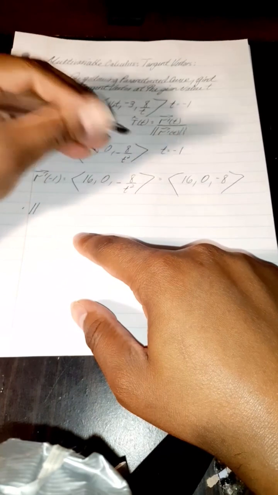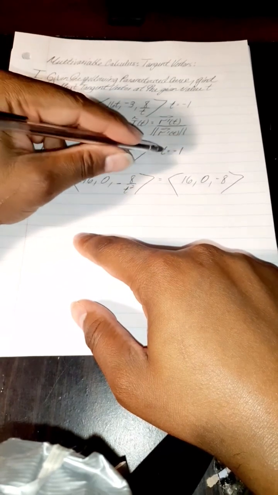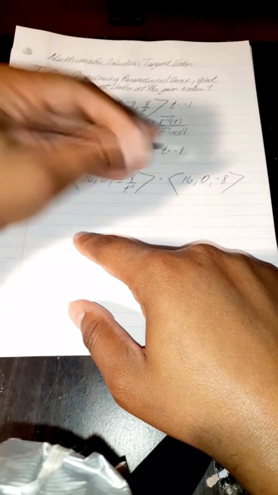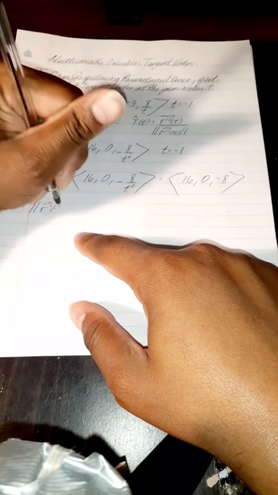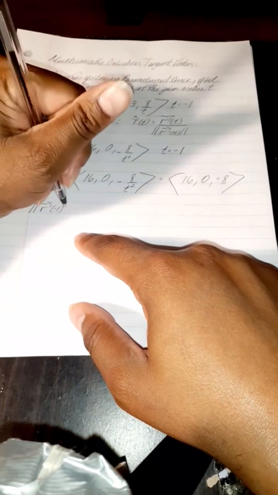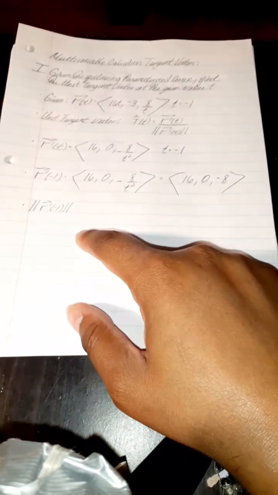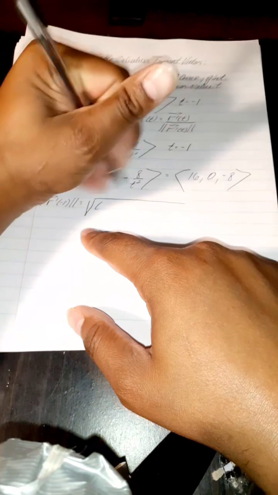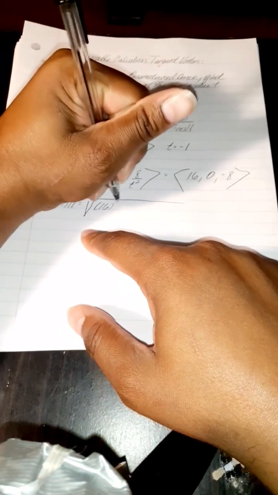Now we need the magnitude of the first derivative of r prime of t, but in this particular case we needed to substitute in the value -1. So it'd be r prime of -1, or the first derivative there, and it's just the square root of the sum of the components squared. So it's going to be 16 squared plus 0 squared plus -8 squared.